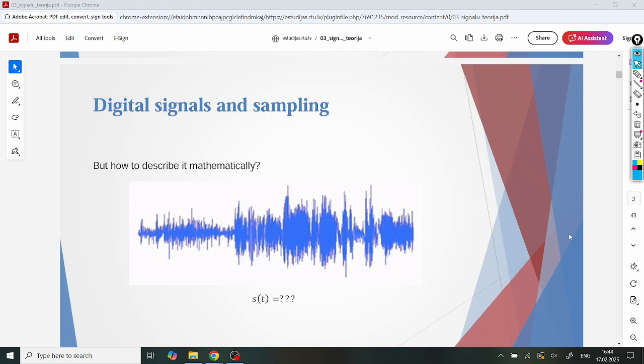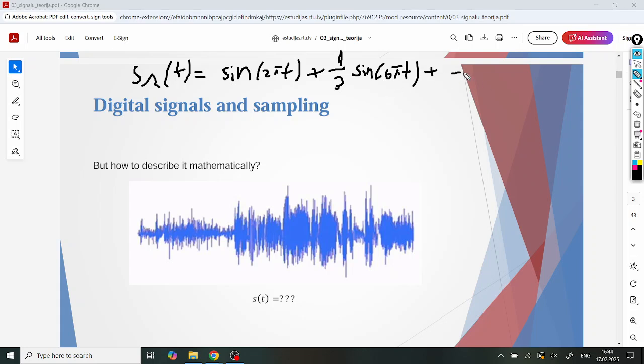How do we describe it? We discussed last lecture that if I wish to describe a rectangular shaped signal with more or less accuracy, I can go this way, saying that my rectangular shape is sin of 2πt plus 1 over 3 sin 6πt plus 1 over 5 sin 10πt, and all the way as long as I want to, all the way up to infinity.